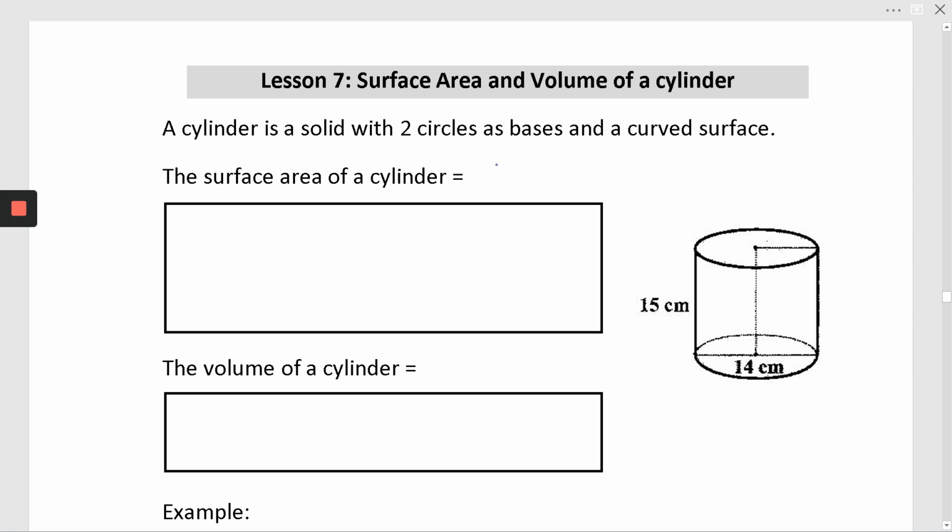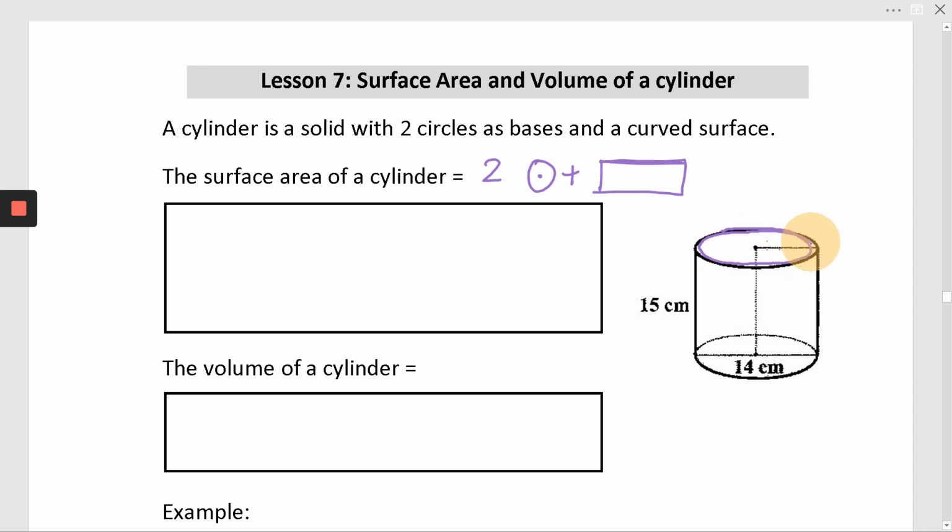And it's definitely 2 circles plus the wraparound bit, like the label on the tin of chickpeas, okay? And we need to then get a formula for that. So this label that goes around is the same as that bit on the tin, or in this case, this cylinder.